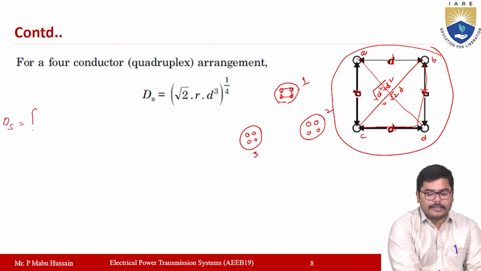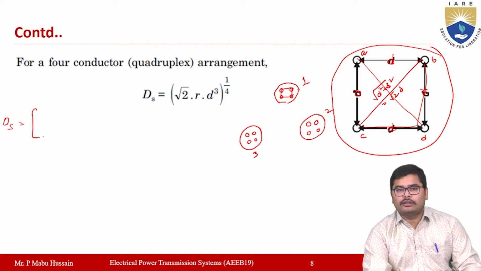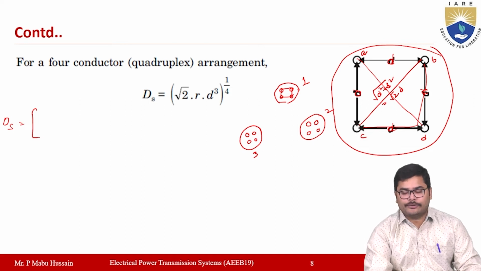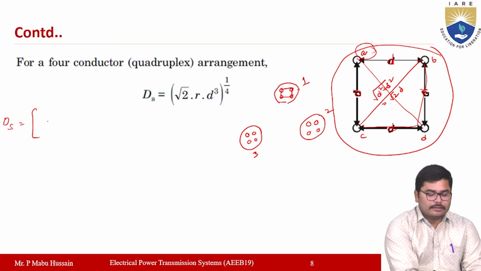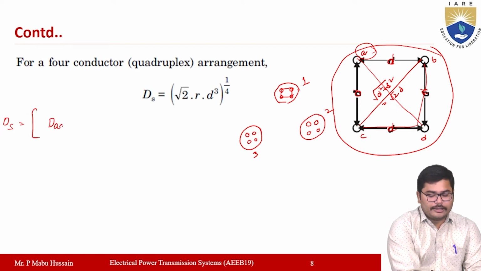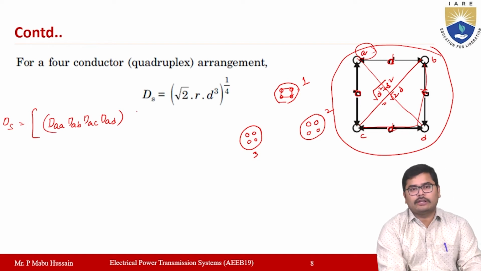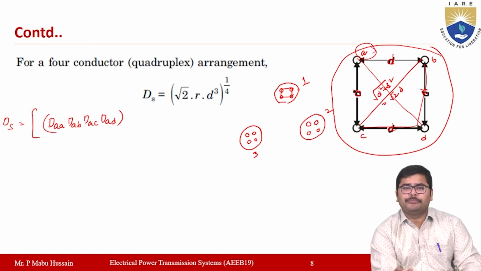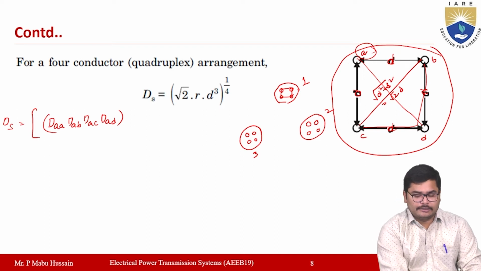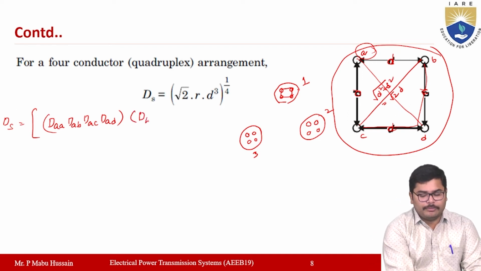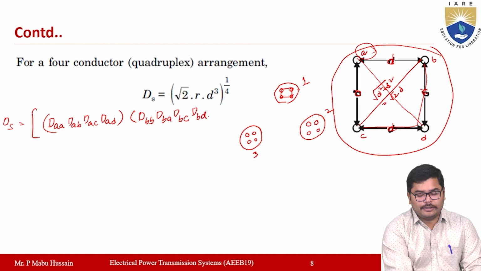You again have to write the product of all the distances by considering each subconductor. If you consider subconductor A, the distances are DAA, DAB, DAC, DAD. This is one set of product. Then for subconductor B, DBB, DBA, DBC, DBD.